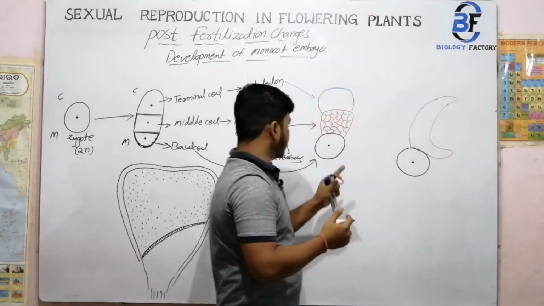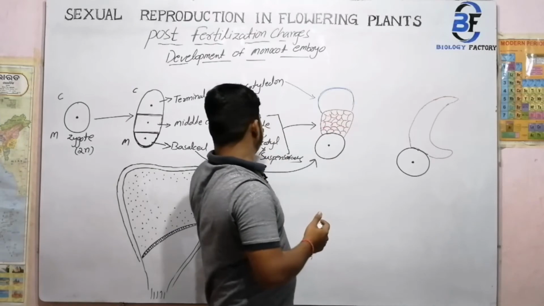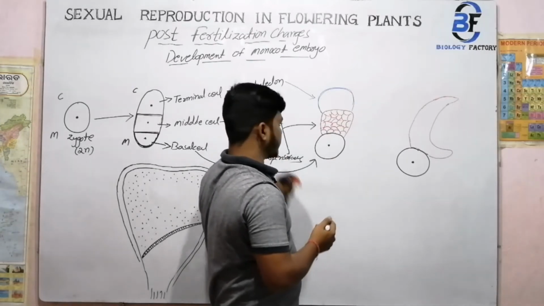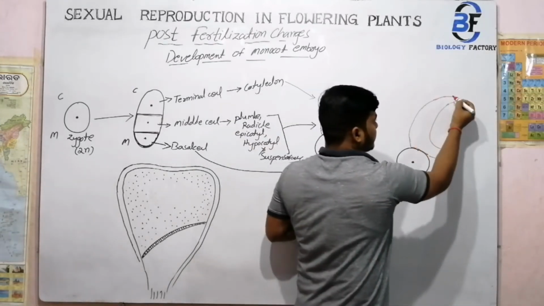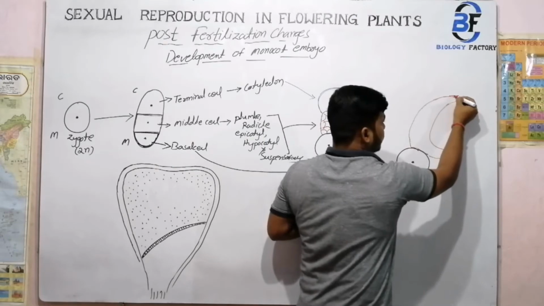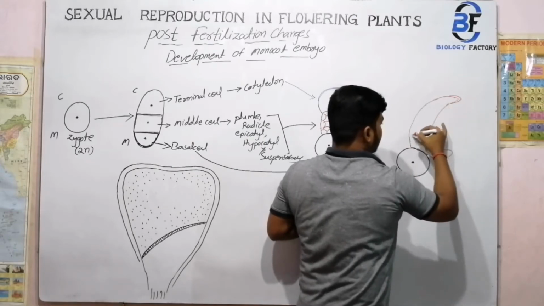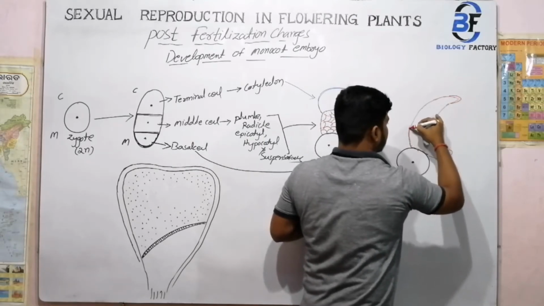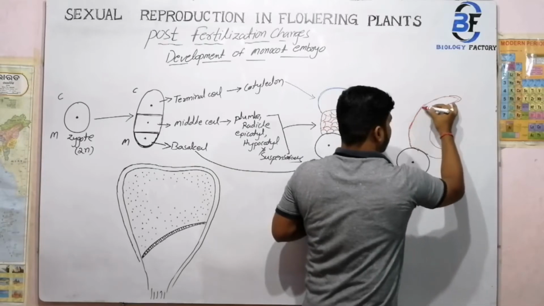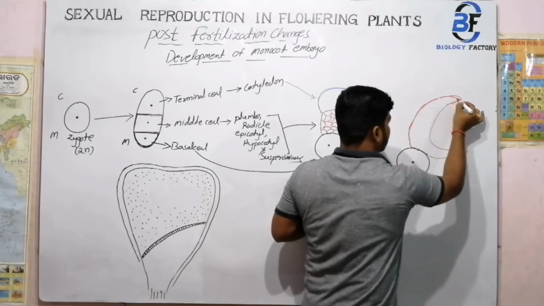I again repeat these things. The middle cell forms your plumule first, next the radicle. So here is the plumule part, and the plumule part is covered with... That means this total structure is your middle cell, which forms over here.